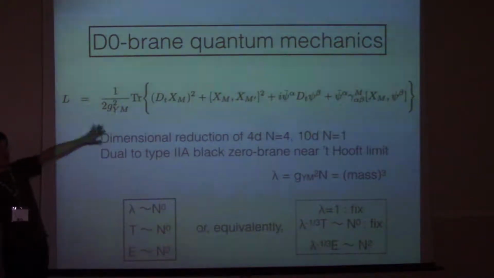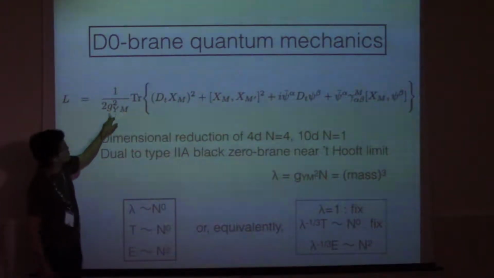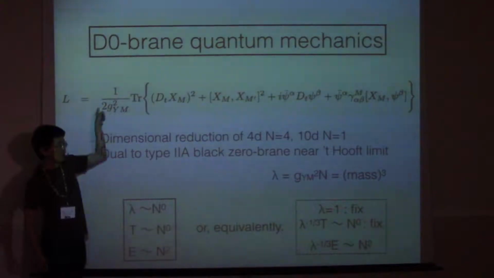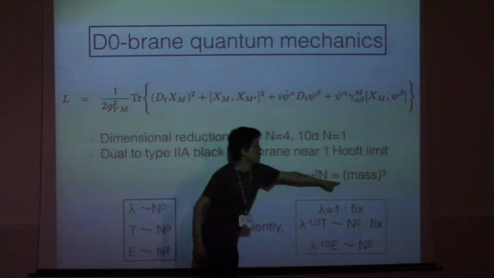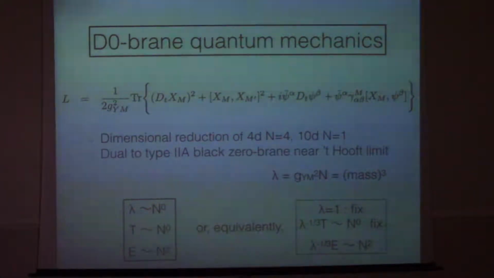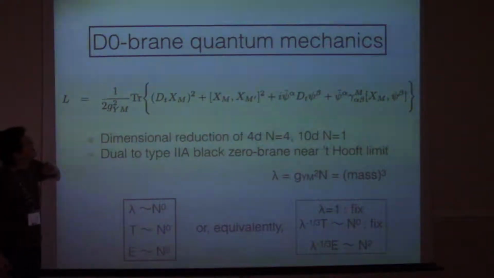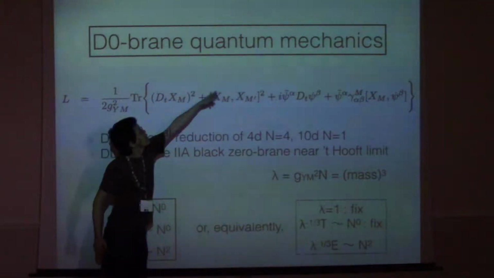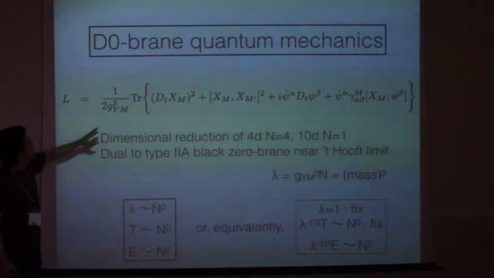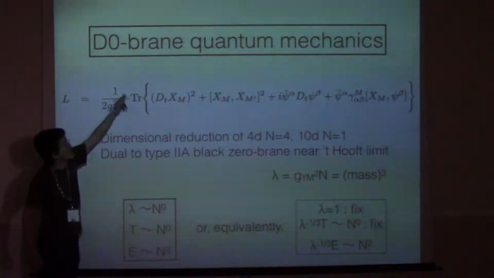A very big difference from the 3-dimensional theory is that the 't Hooft coupling, which is defined by multiplying N to the Yang-Mills coupling squared, has mass dimension 3. Because the action does not have dimension, and the Lagrangian has dimension of mass. In the 3 plus 1 dimensional theory, this part carries mass to the 4th, and we have a 3-dimensional integral here.